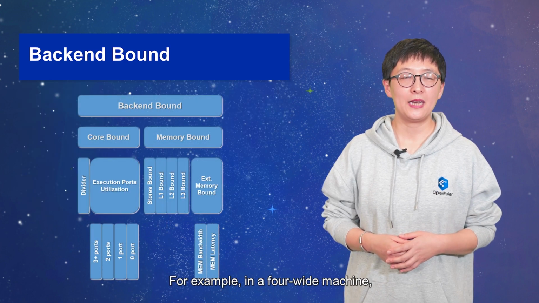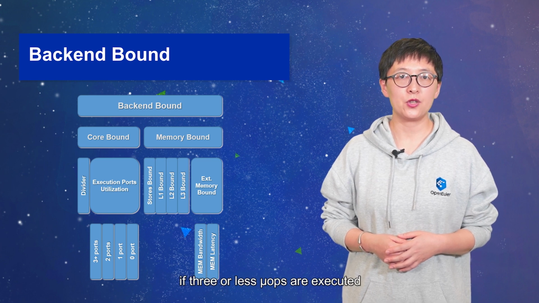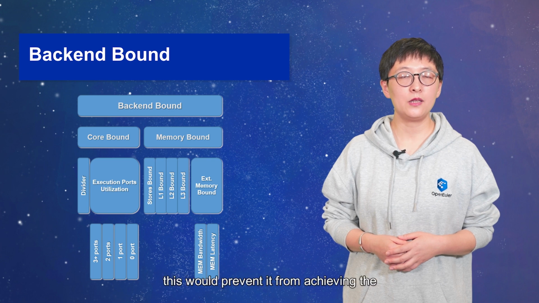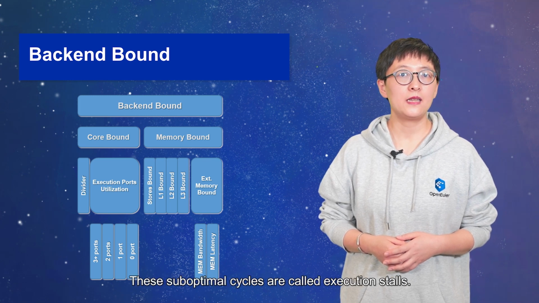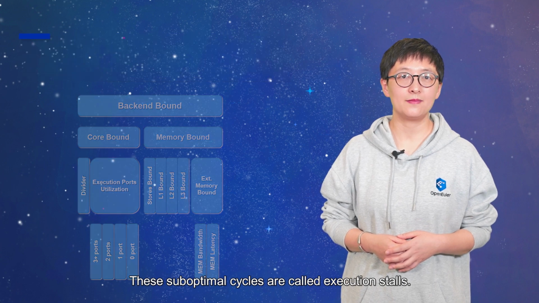For example, in a 4-wide machine, if 3 or less microoperations are executed in a steady state of some code, this would prevent it from achieving the optimal instructions per cycle (IPC) value of 4. These suboptimal cycles are called execution stalls.